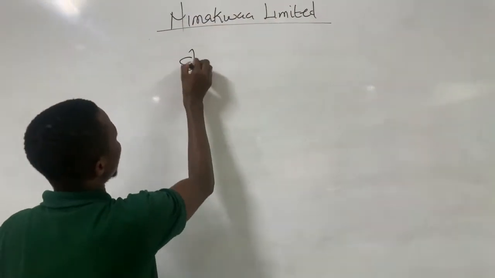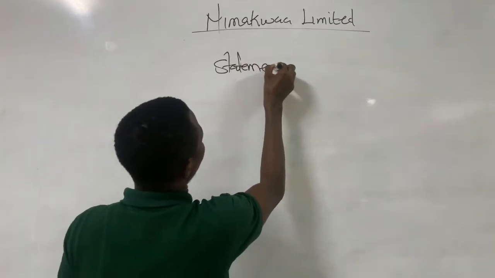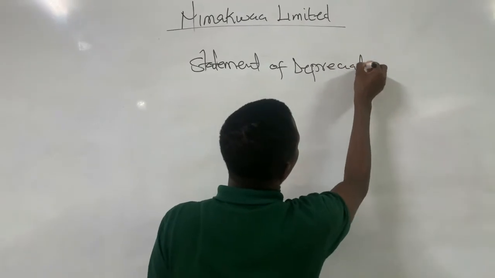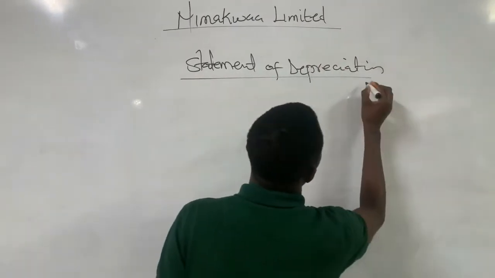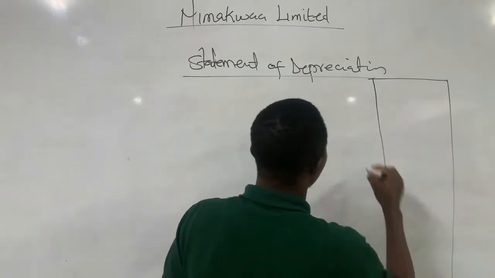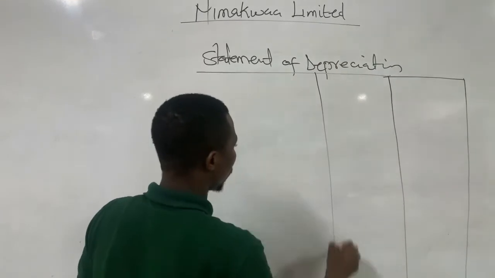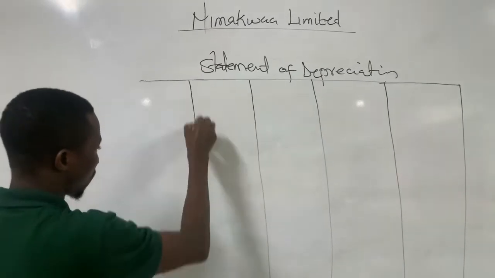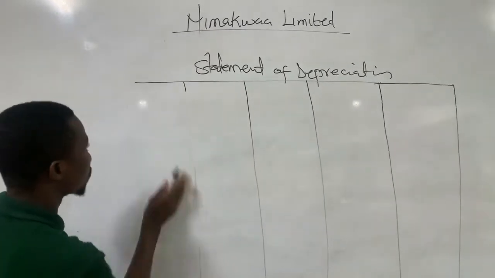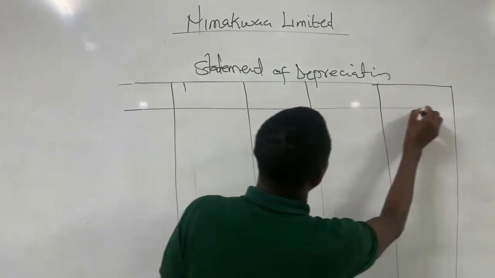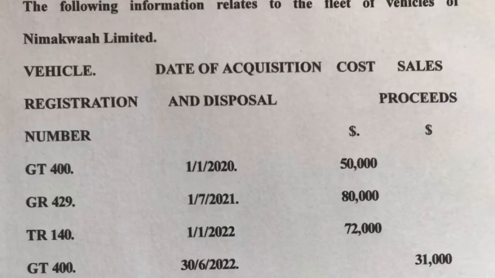So our statement of depreciation. The asset is a motor vehicle.